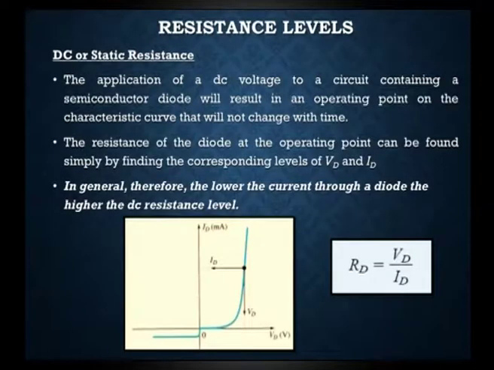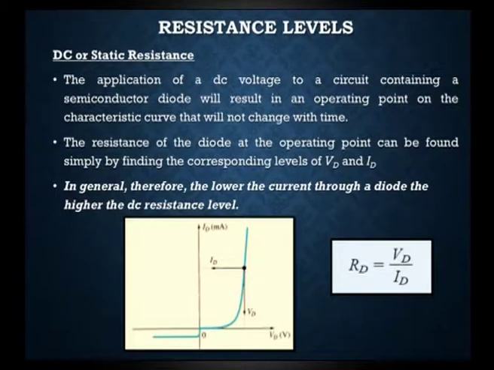The static resistance, generally the resistance of the diode at the operating point, can be found simply by finding the corresponding levels of VD and ID. It does not change wherever the operating point may be in the characteristics.